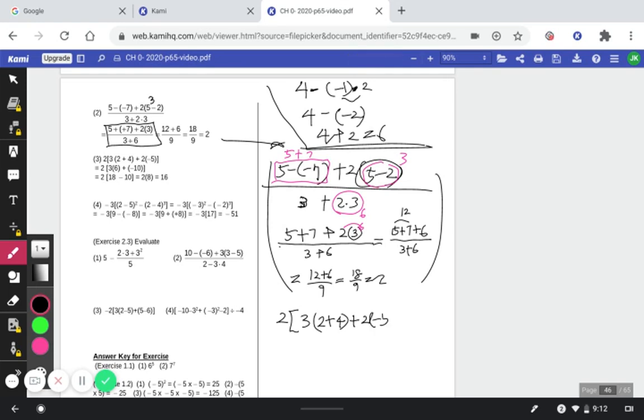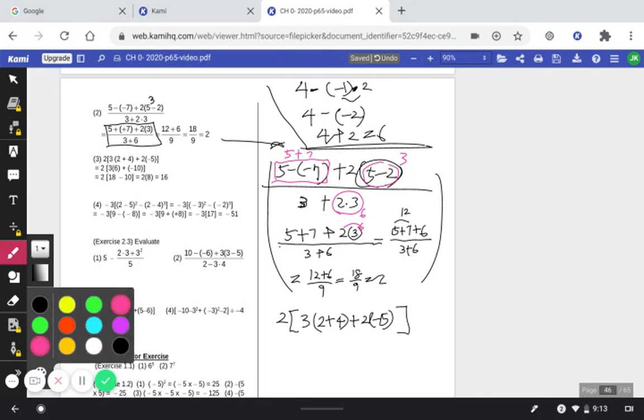Now you have more than one group symbol. So when you have more than one group symbol, in this case, parenthesis is inside and bracket is outside. So you do the inside group symbol first, and then do the outside group symbol. So actually you do inside first.